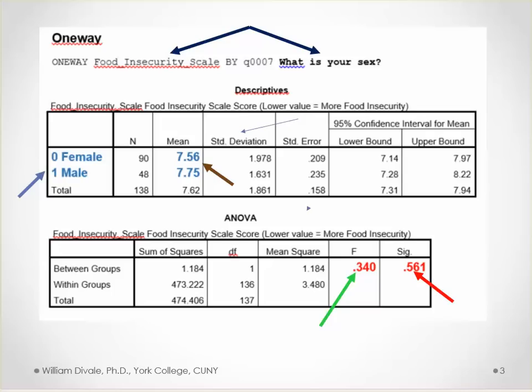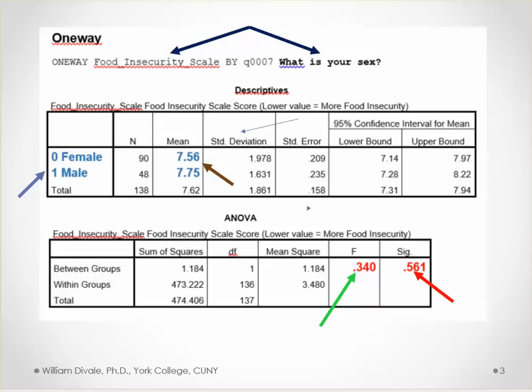So first, on the top, the two very dark blue arrows point to the two variables on the study. The independent variable, you might say, is gender. What is your sex? And the dependent variable is the food insecurity scale score. In other words, we're looking to see if gender influences what a person's food insecurity scale score would be.